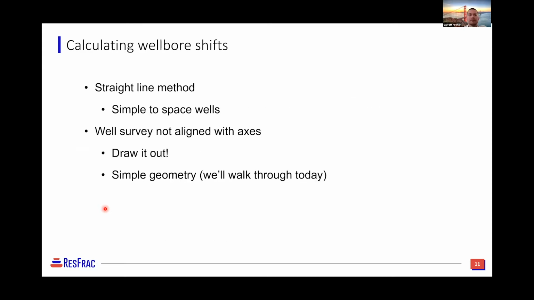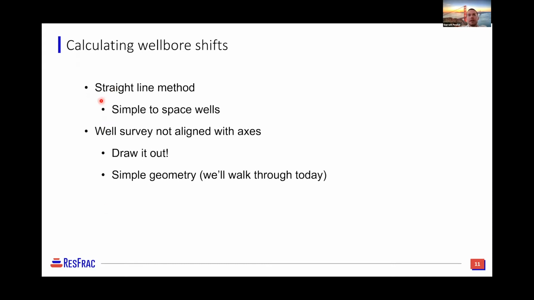So today, we're going to extend that last topic of importing wells with a survey and look at different well spacing and how you can pretty quickly calculate positions of wells if doing a well spacing sensitivity.